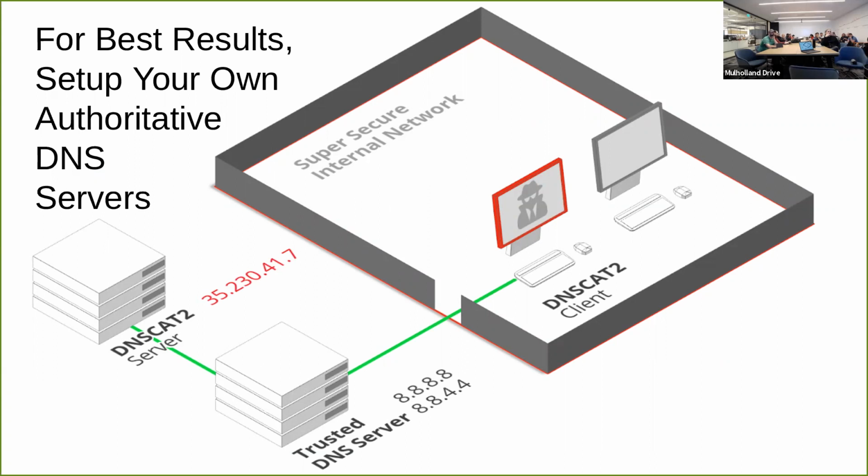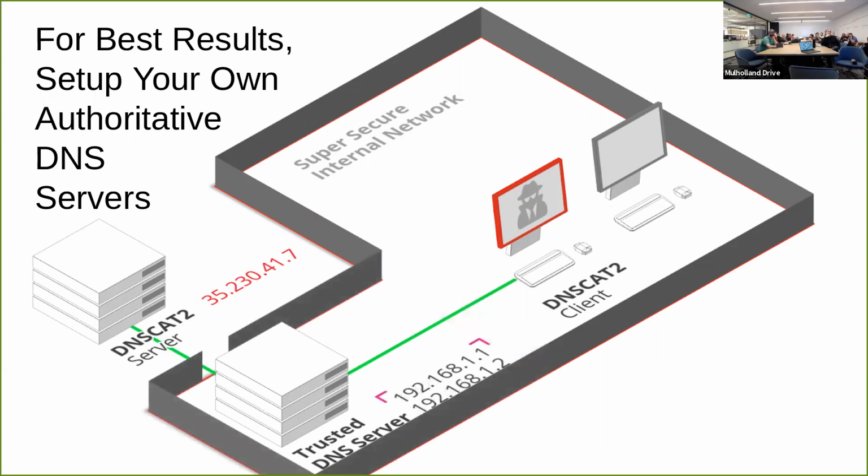So here is an example of what the setup kind of looks like. What we can do is, if you're on the inside of the network, we can use their internal DNS servers to talk to the outside world.